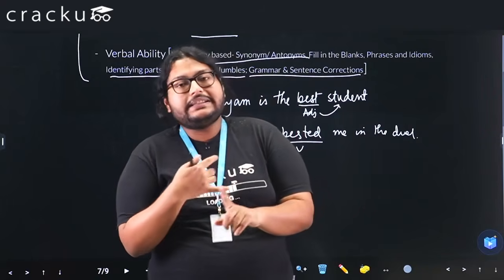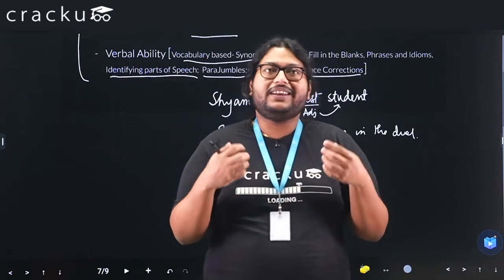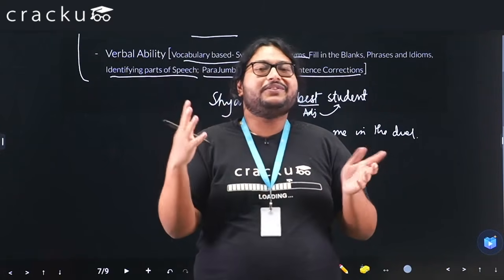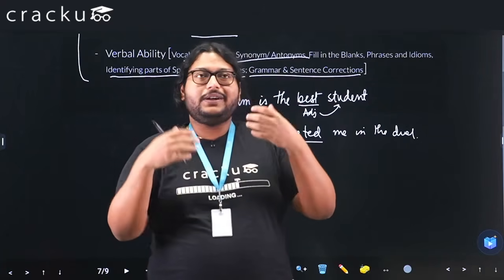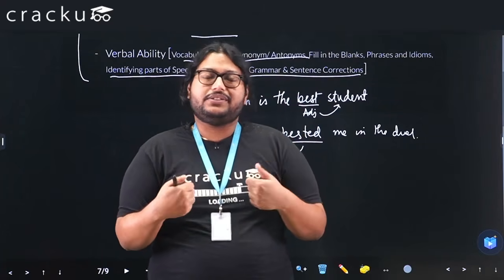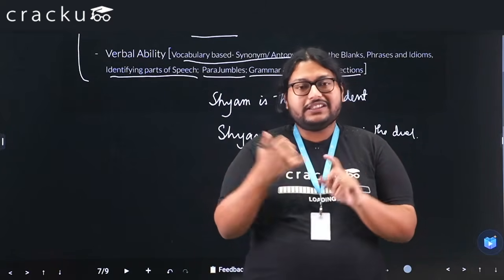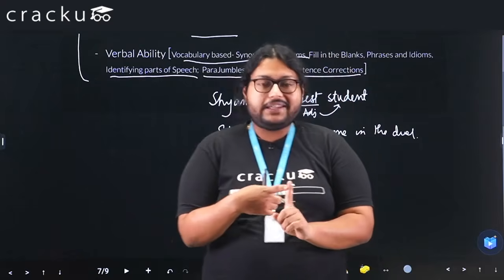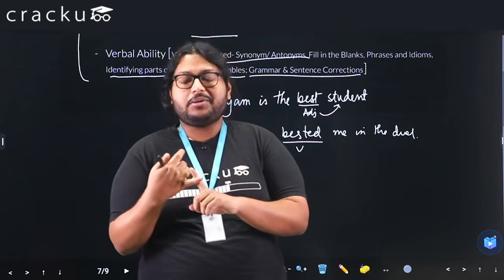Now, with sentence grammar and sentence correction, a lot of students feel, okay, we have not done grammar for a lot of time. The last time we did it was in class 10. So how do we cope with this? What happens is they have a very predictable nature. So what we have done here at Cracku is we've compiled a list of all the things that we basically need to check for. It can be a subject verb error, a tense error, something about prepositions, something about parallelism.